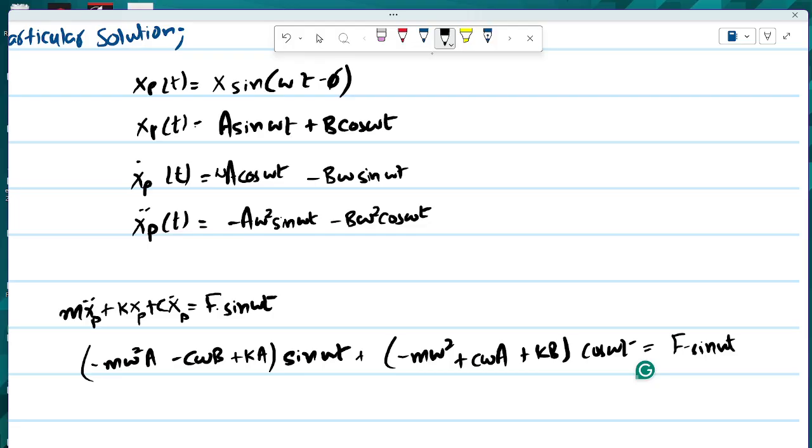From here we can match the sine omega t coefficient with the sine omega t and the cosine omega t coefficient with the cosine omega t.